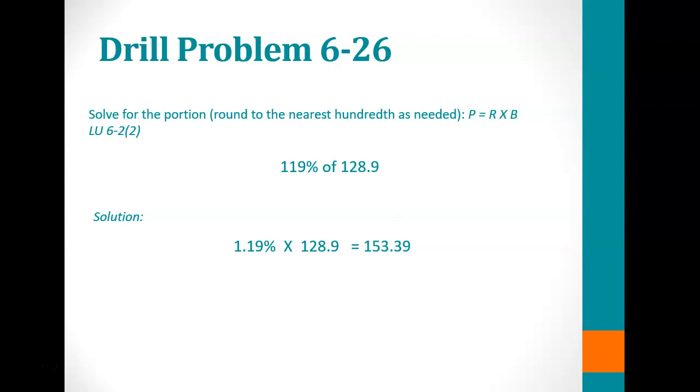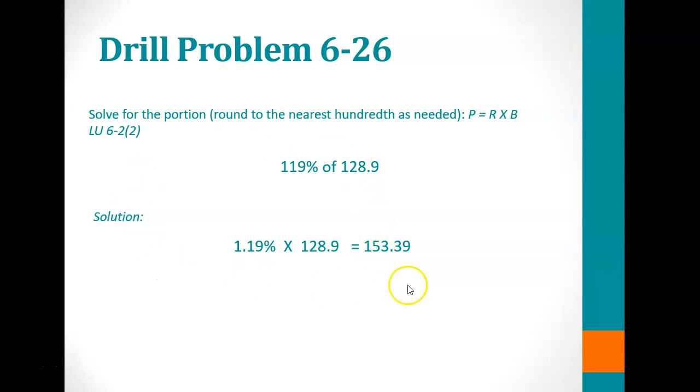So if I multiply 119% times 128.9, and 119% is 1.19 as a decimal, if I multiply that times 128.9, it would give me 153.39.